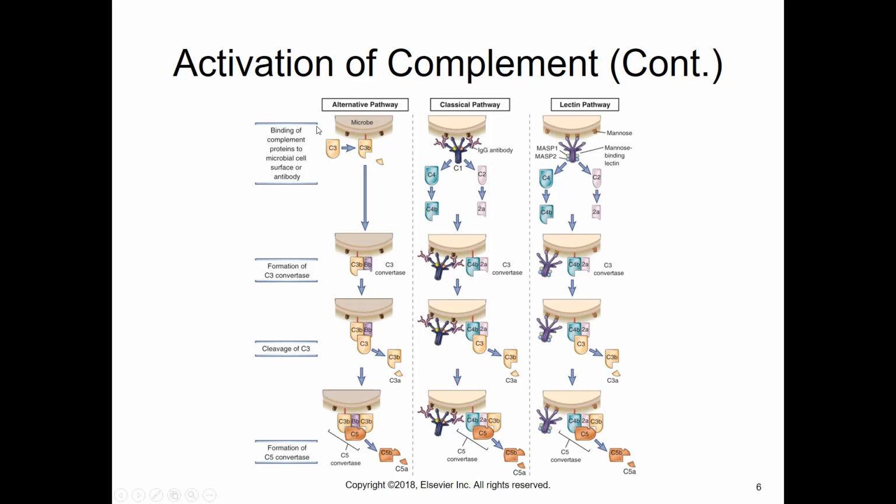An antigen is what activates it. The antigen-antibody response is what activates the classical pathway. And then mannose binding lectin activates the lectin pathway. But it lives in our circulation in inactive form.